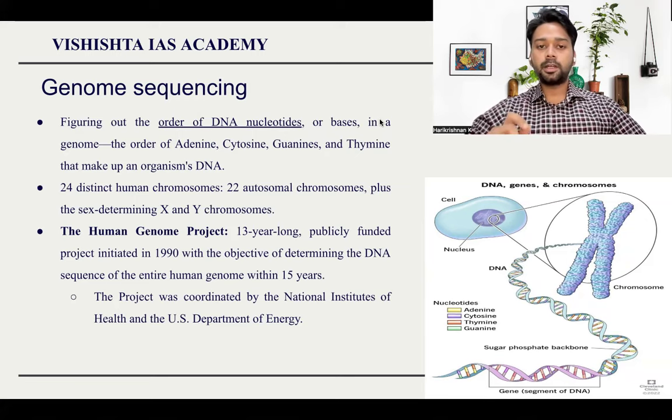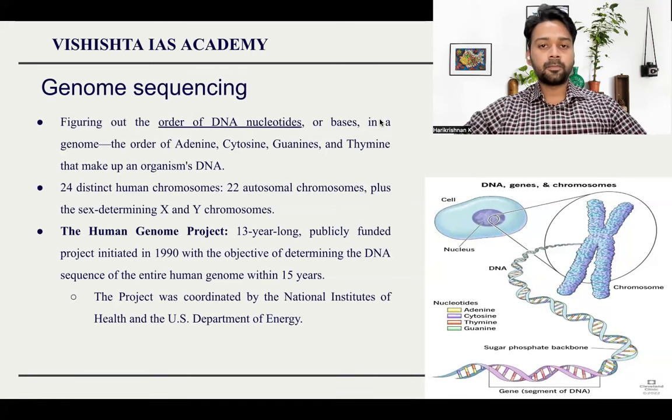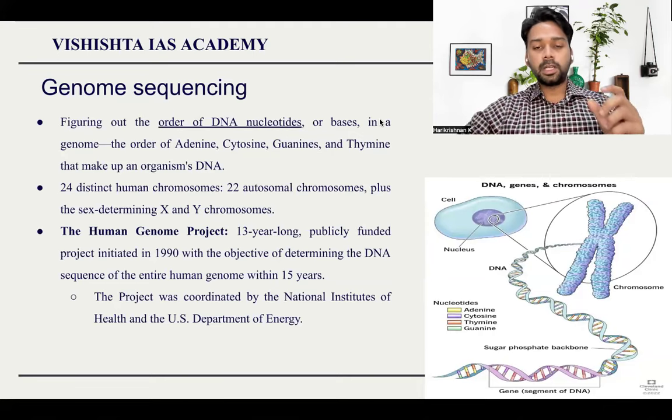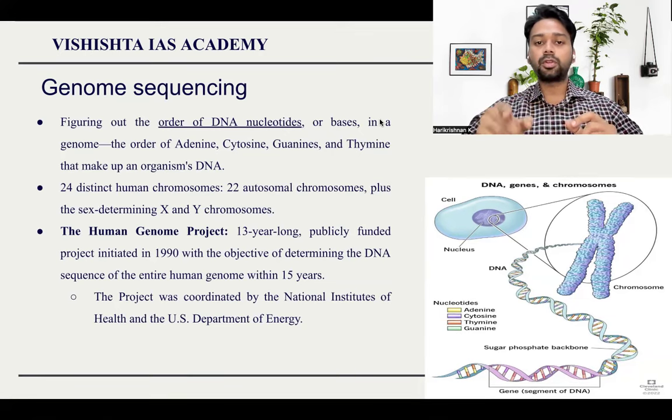What is the function of RNA? RNA will take the code from DNA to the ribosome in the cell. In the ribosome, the proteins are manufactured. So DNA is the code, ribosome is the manufacturing place. RNA will take the information from DNA to the ribosome. I hope you understand it.